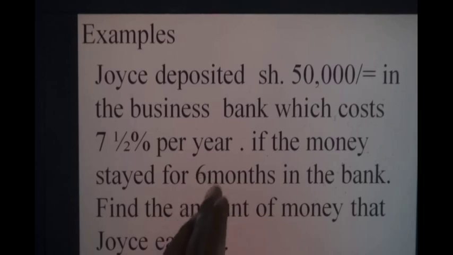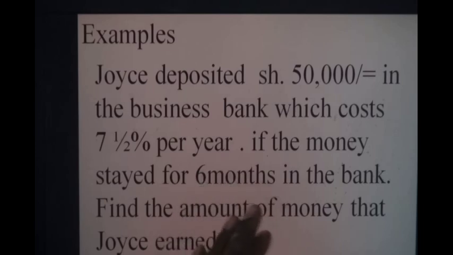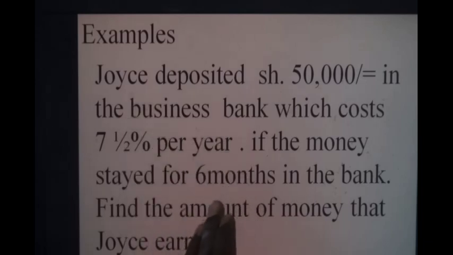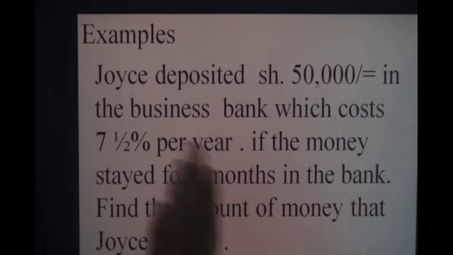So 6 months over 12 is half a year. Now find the amount of money that Joyce earns. To find it, first you find the interest that Joyce earns. And then after you have got the interest, you take that interest plus the principal, and you will get the amount of money.